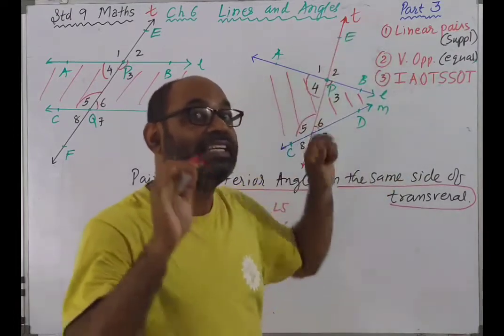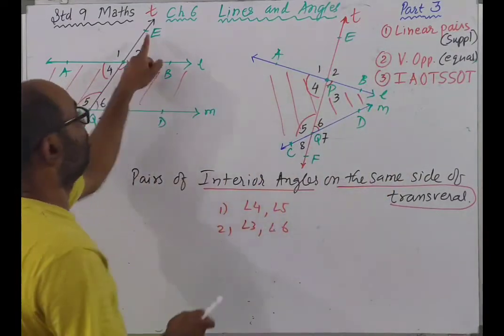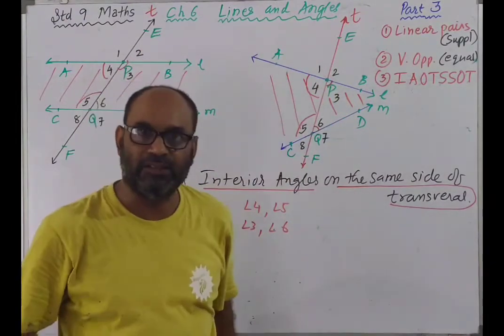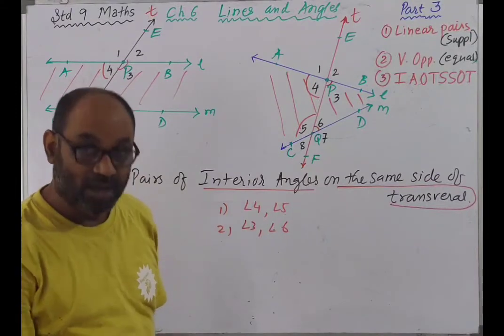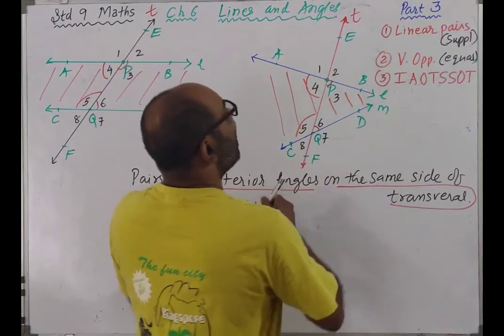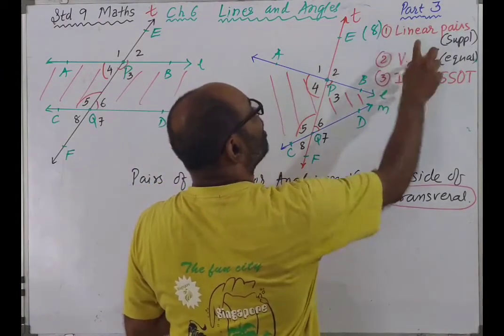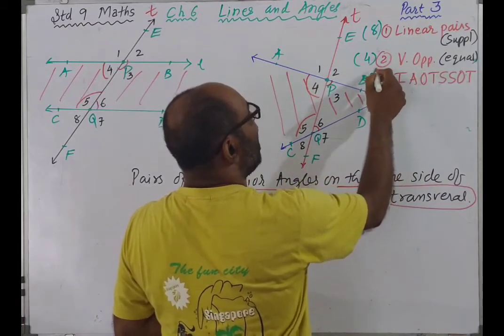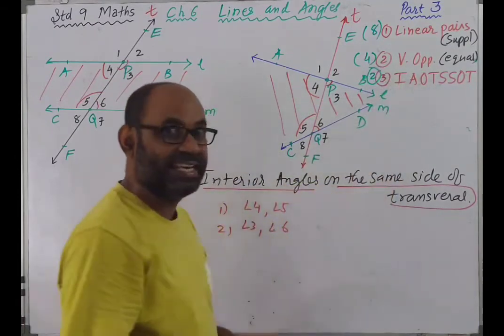So we saw 3 types of pairs of angles formed by a transversal of parallel lines or intersecting lines, whichever it is. You understand? If there is a transversal, it will give you 8 linear pairs of angles, 4 pairs of vertically opposite angles, and 2 pairs of interior angles on the same side of the transversal.